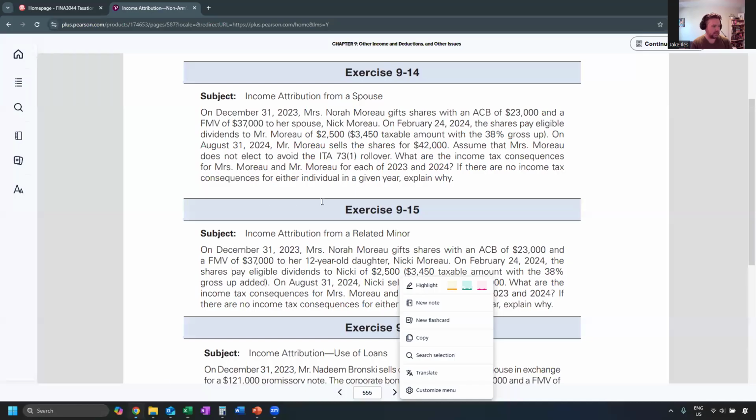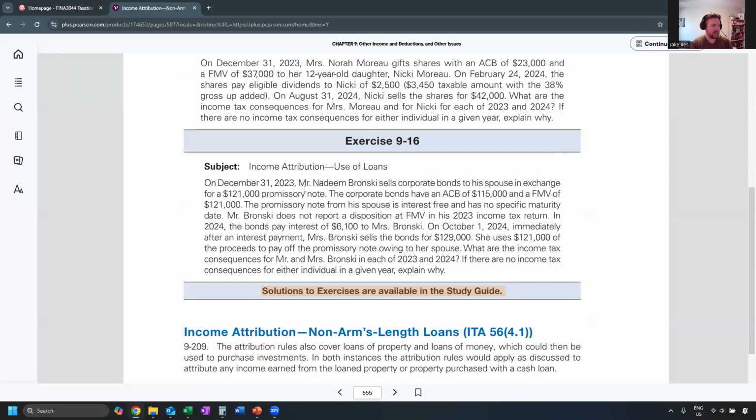The third case is income attribution, use of loans. On December 31st, Nadim Bronsky sells corporate bonds to his spouse in exchange for a 121,000 promissory note. So the spouse didn't pay for them, but there's a loan saying she's going to pay for them.